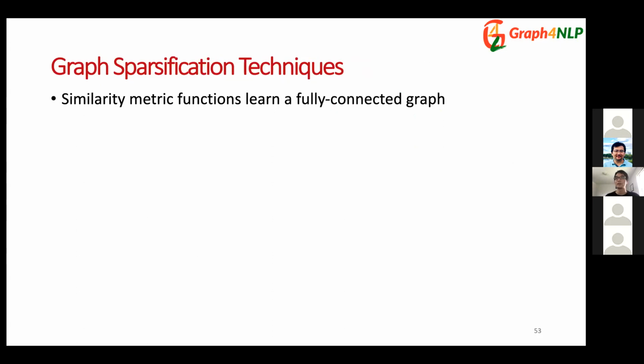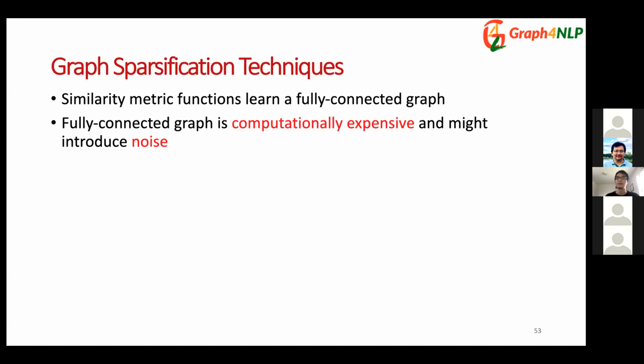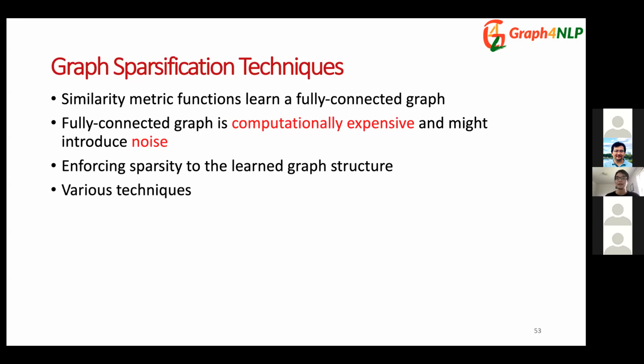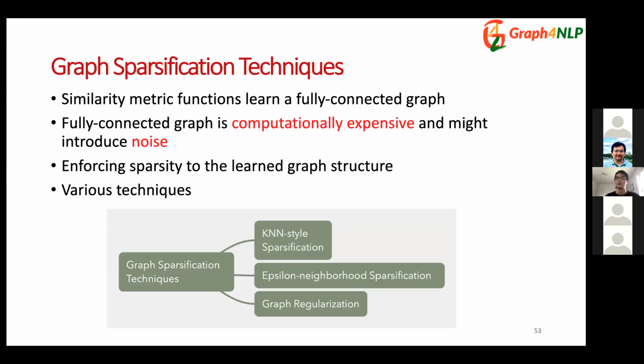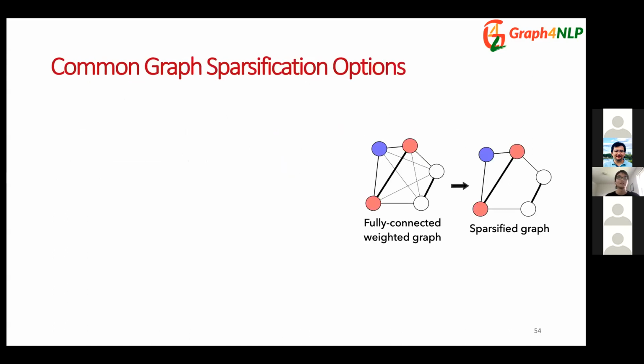So far, our similarity metric functions are able to learn a fully connected graph. However, a fully connected graph is computationally expensive and also might introduce noise. So we might want to enforce sparsity on the learned graph structure to obtain a sparse graph by leveraging various techniques, as we list as follows.